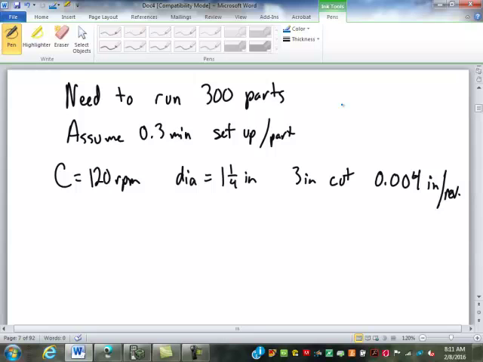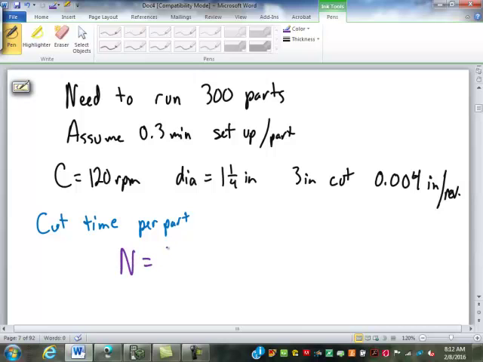Now I'm going to go through it slowly so you guys can try to stay a step ahead of me here. We're running out of time, otherwise I'd give you a minute or two to run it on your own. But the first thing we're going to find is our cut time per part. And to do that, we first need to know the RPM.